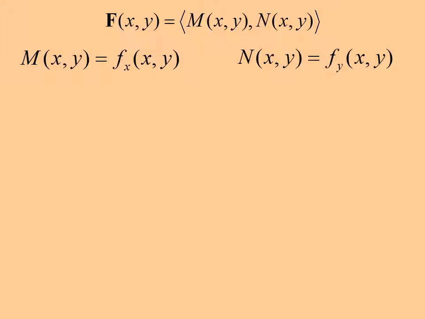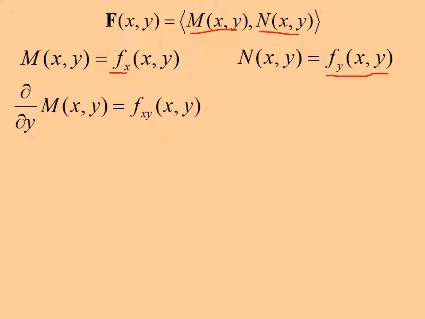Now, since the first component was the derivative with respect to x, and the second component was the derivative with respect to y, if we take the derivative of M with respect to y, that gives us the second partial f_xy, which we call the mixed partial.